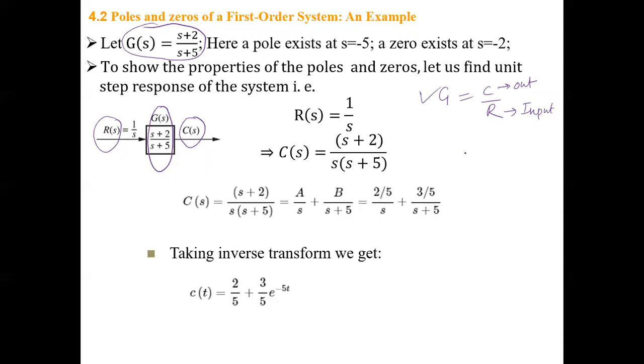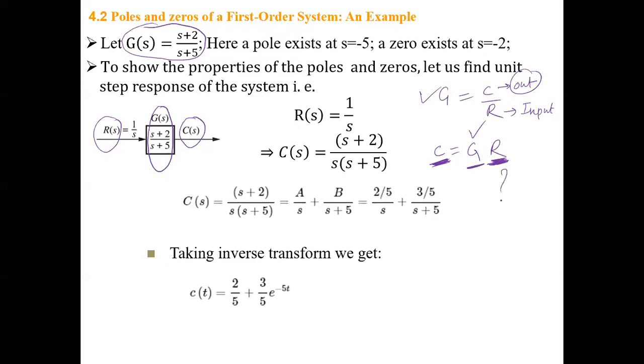Now, G is given. Then how do we find output? C equals G times R, right? So to find C, you need to have R also, not only G.